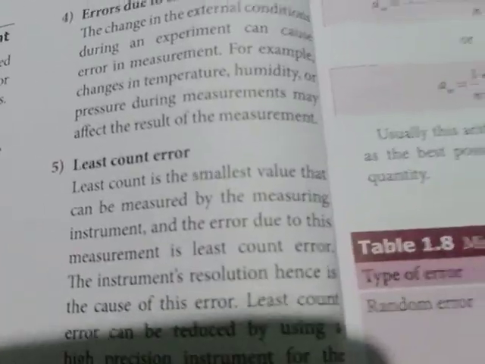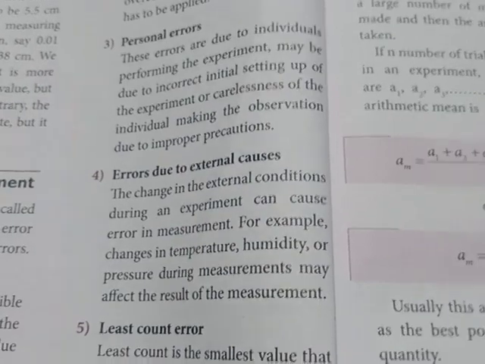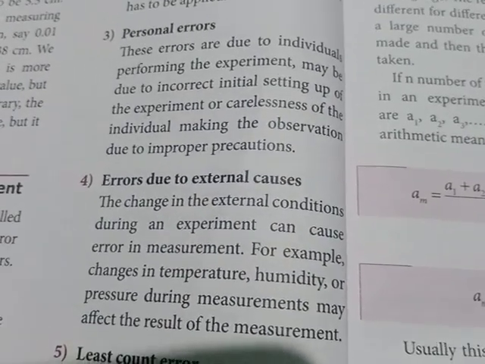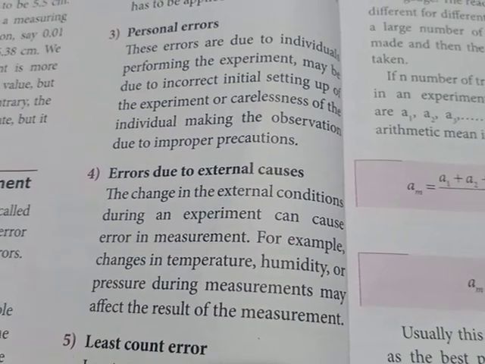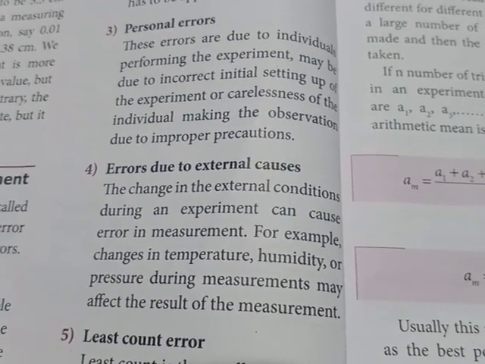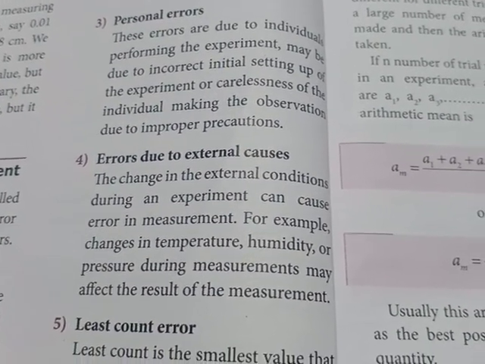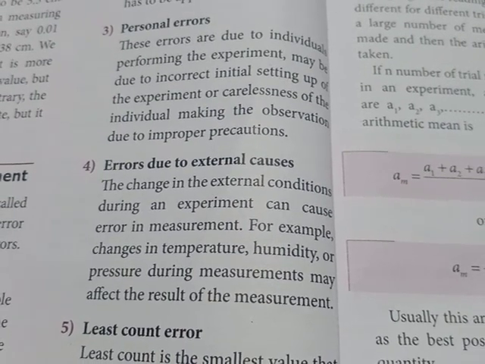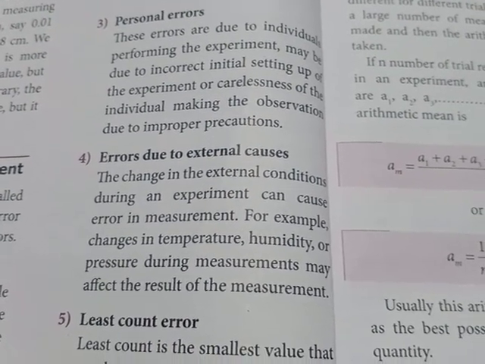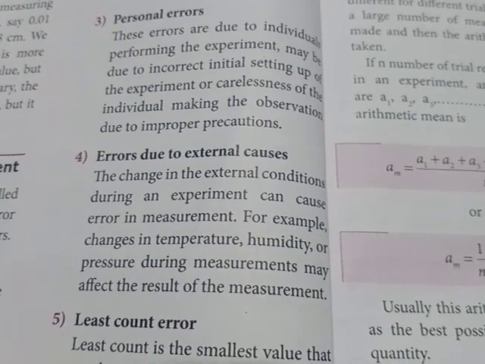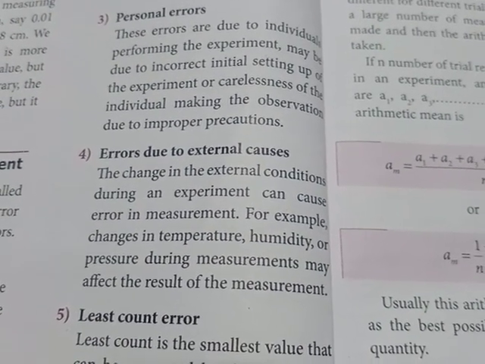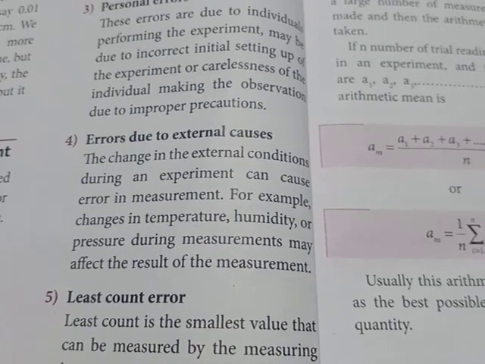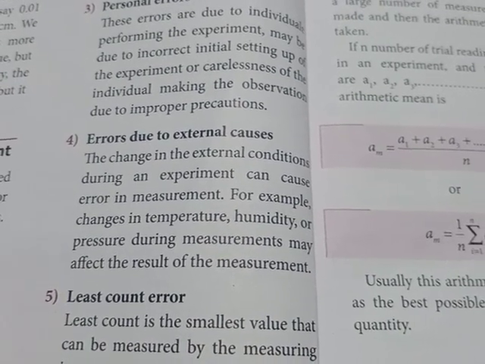The third type of systematic error is personal error. Assume that you are doing an experiment. While doing it, there is some initial setup. If you are not doing that initial setup properly, it makes an error in the experiment.